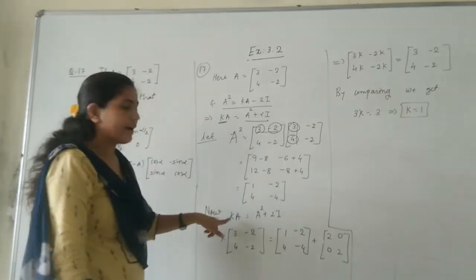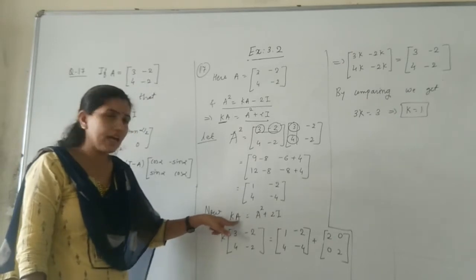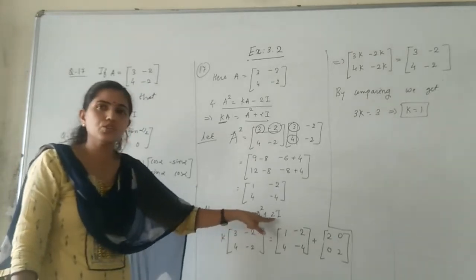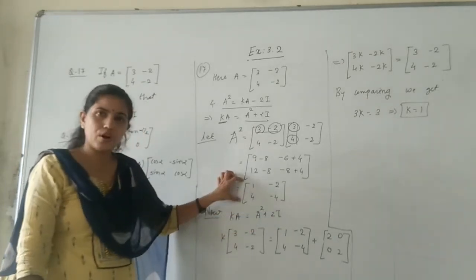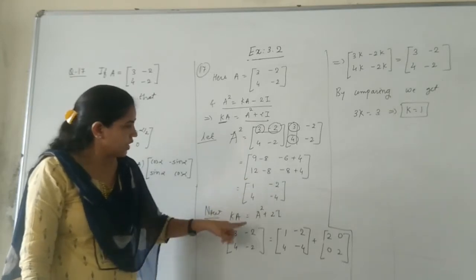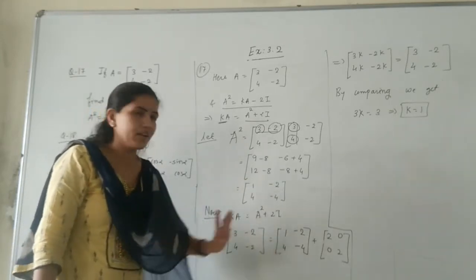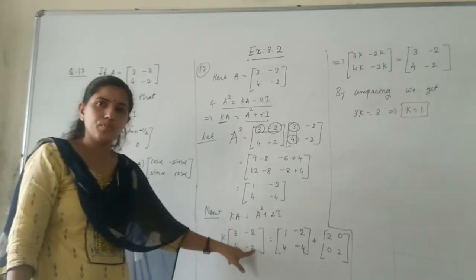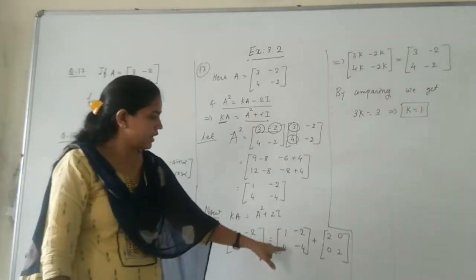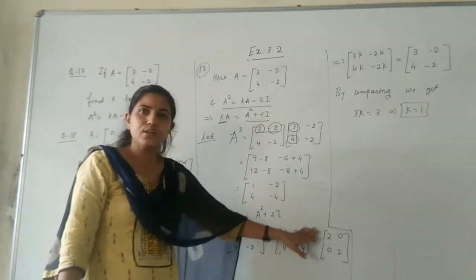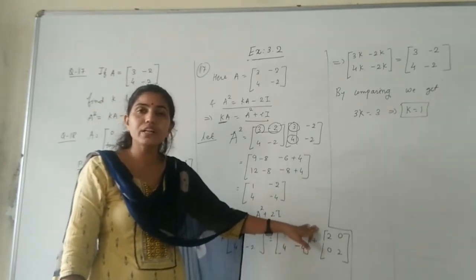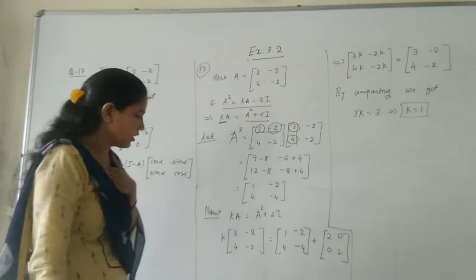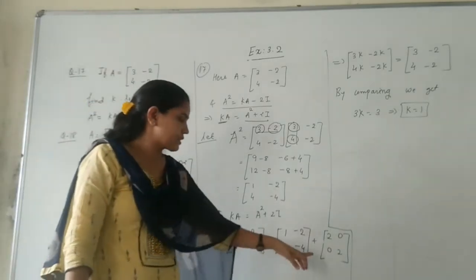Okay. Now we have to find out k. So how will k be found? A square plus 2I. So A square we have found here. It is [1, 4; -2, -2]. So let me apply the values. Here A is equal to [3, 4; -2, 2], and here A square plus 2I. 2I means the identity matrix multiplied by 2.